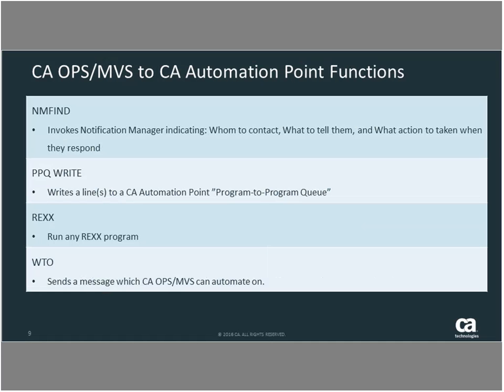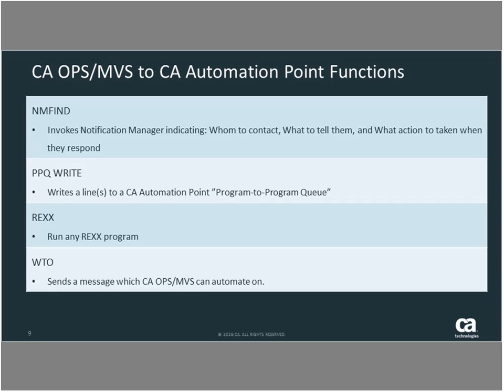There is a command called NM find that you can send down through the MSF link. NM is the notification manager piece of AP. So this allows you to send emails or page somebody or dial out a phone if you've got that set up in AP. All those communication paths. There's escalations and all that stuff built into this notification manager.